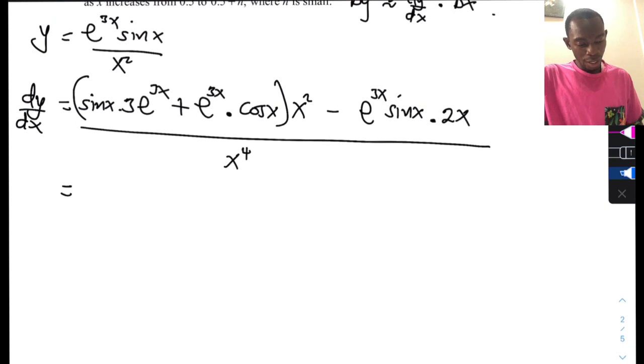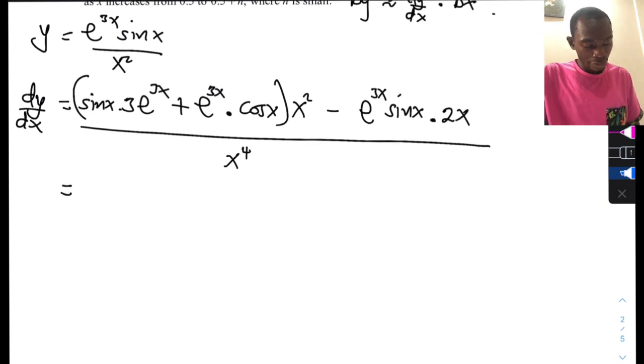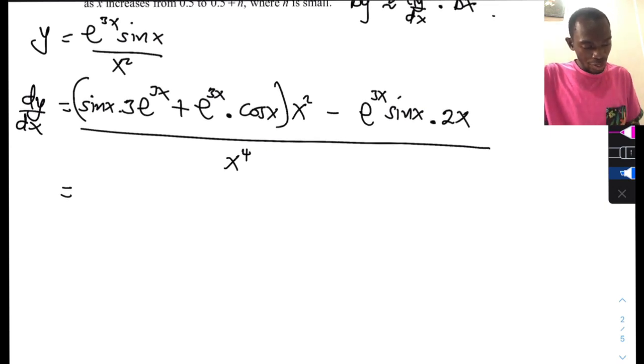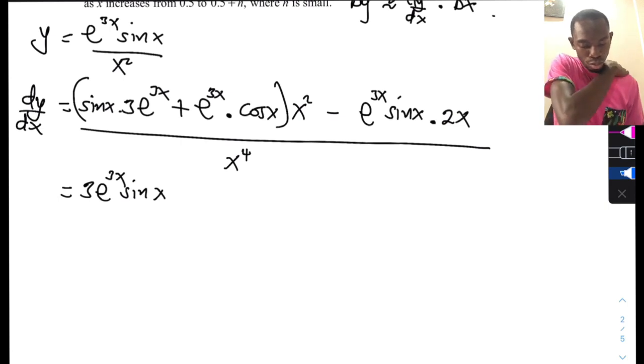All right. Now this is looking beautiful, but we just have to simplify a few things and we are good to go. So I'm going to have, this will be 3e^3x sine x, all right? Even if I want to open up, will it help me? Maybe, maybe no, but who cares?